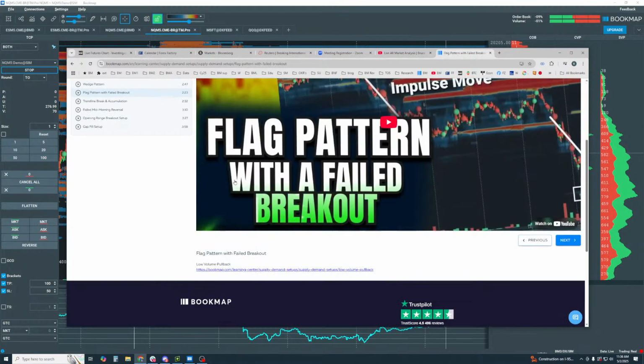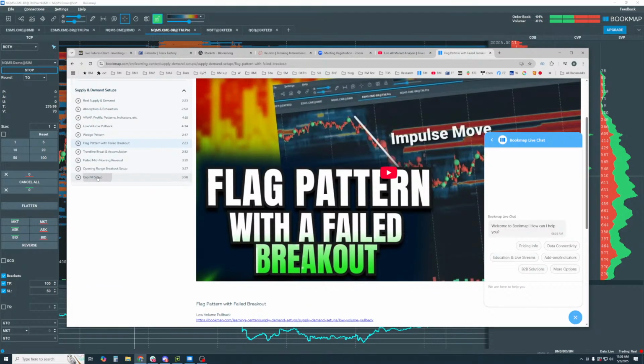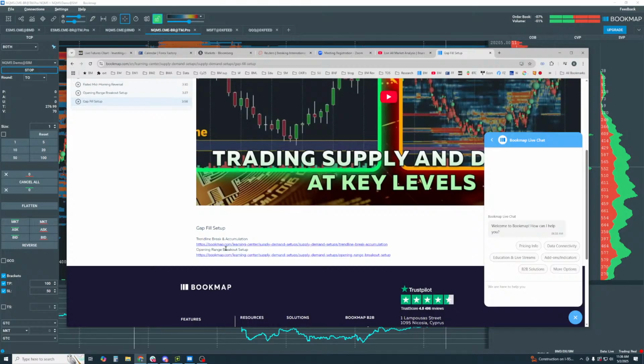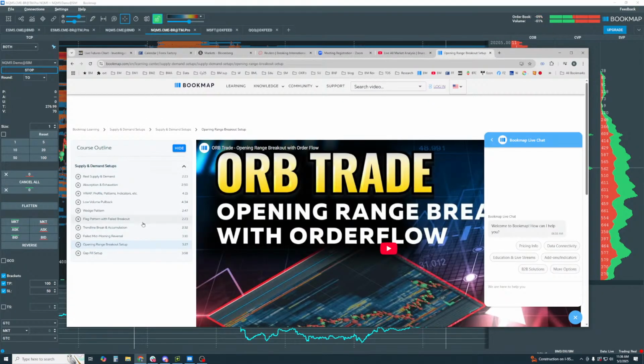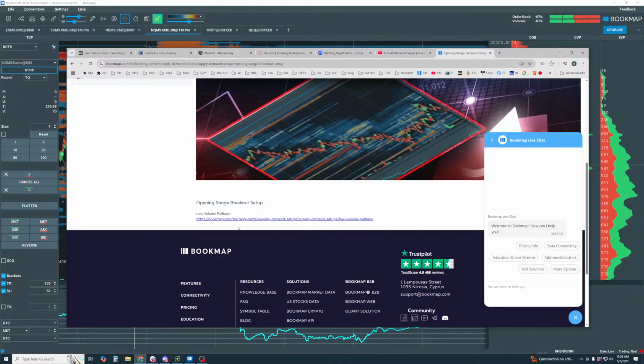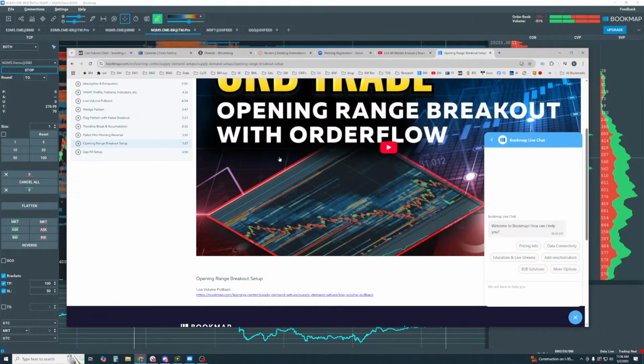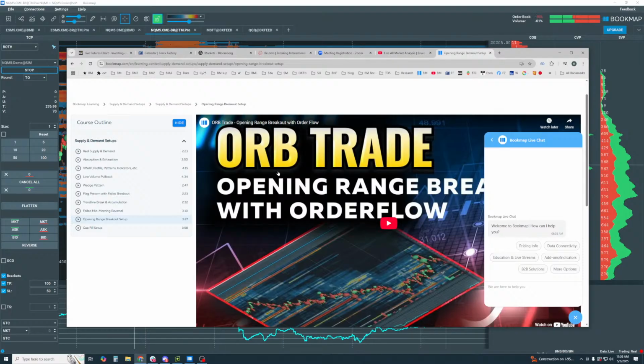The flag pattern is mentioned in here, the flag pattern failed breakout, the gap fill, along with the trend line accumulation trade, and the ORB trade, the opening range breakout, and low volume pullback. Once you're in and it's looking good, you can take some off, but then you can get back in, scale into the position, and really nail it.